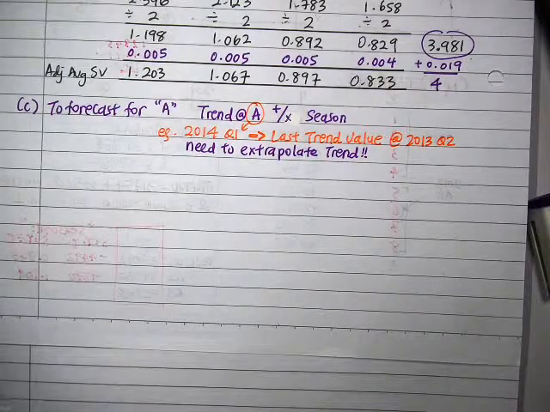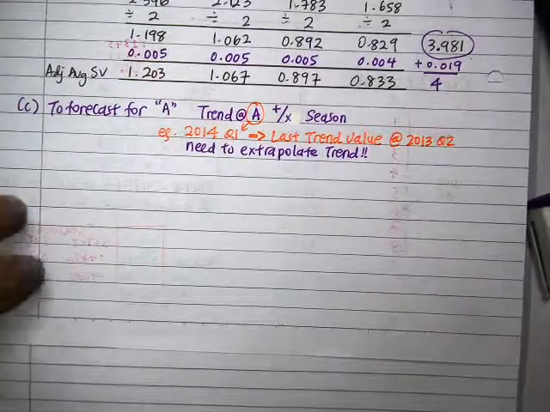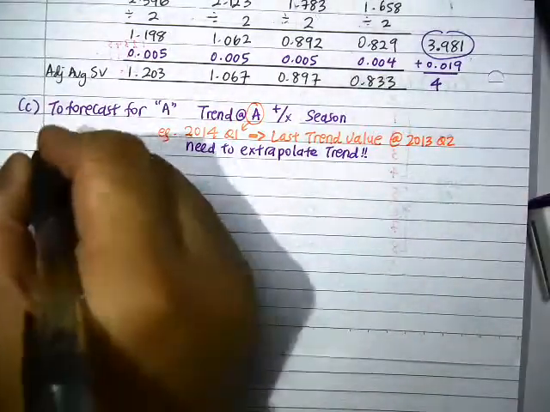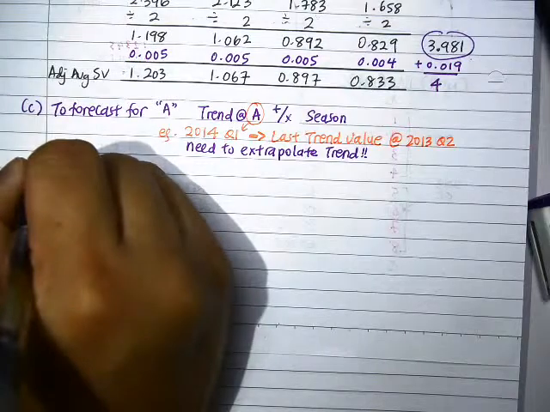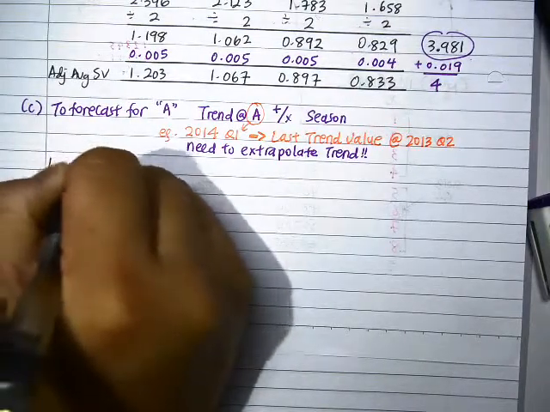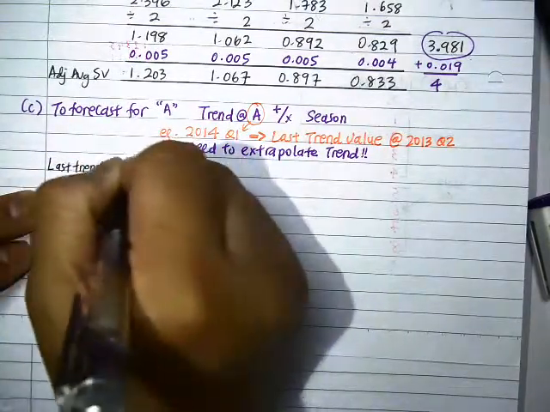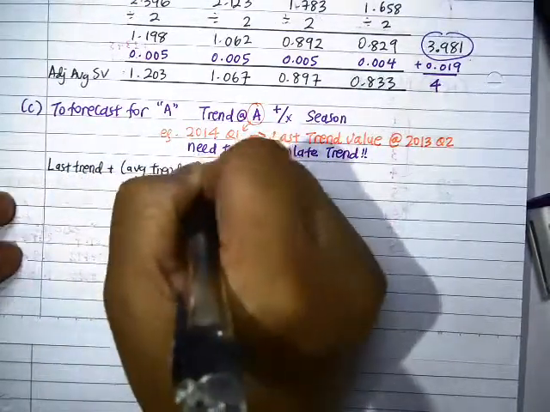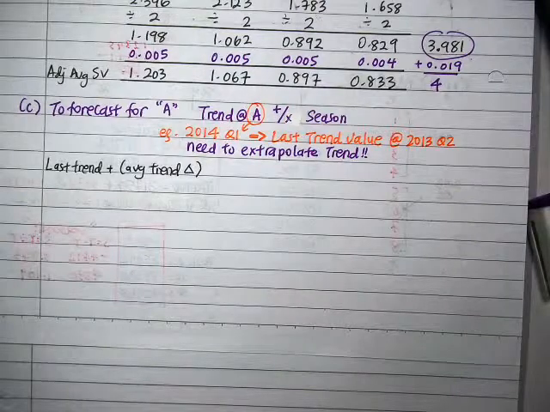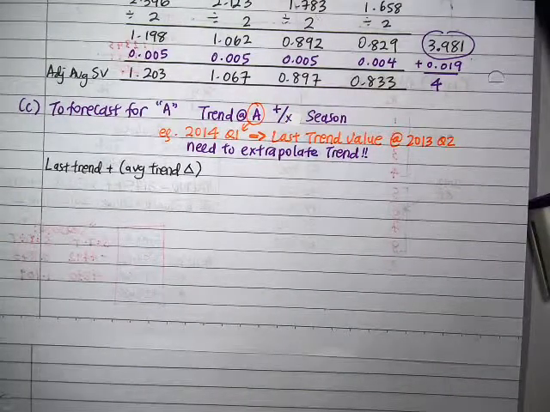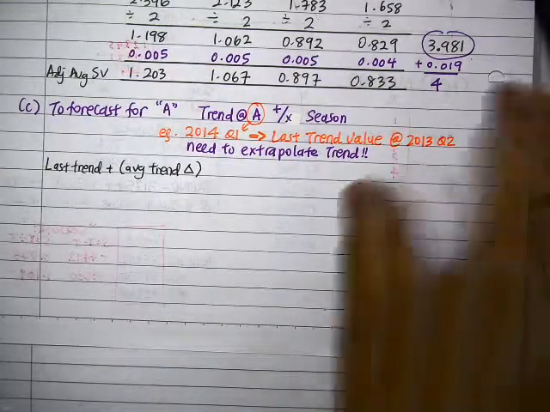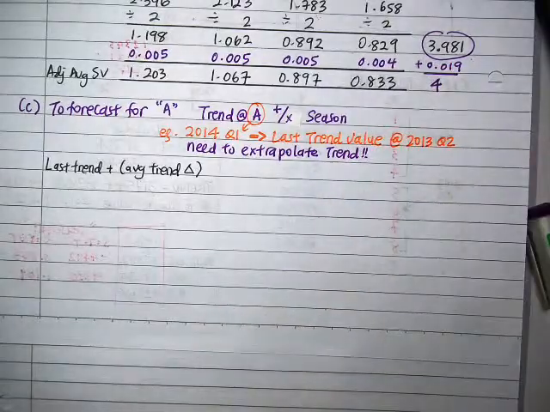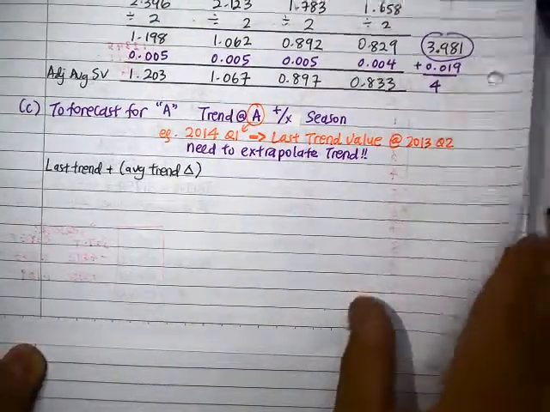Okay, how do you extrapolate the trend? Now, we take the last trend and add the average trend change. Now you see, just now, again it's just the understanding we had earlier. Sorry, I go back to this.